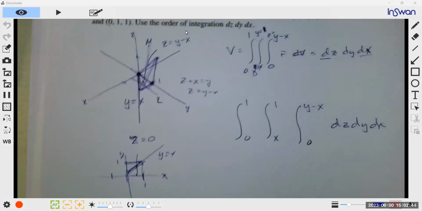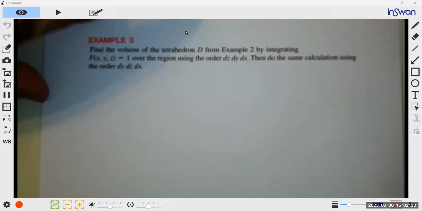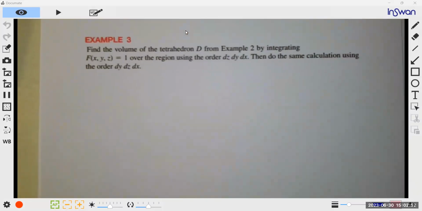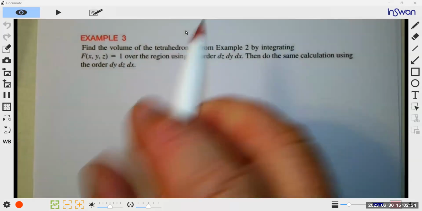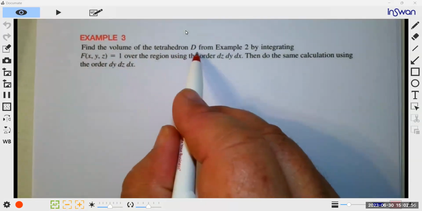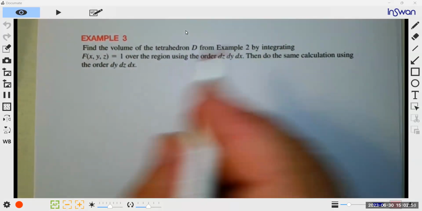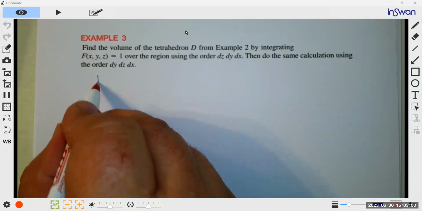Let's look at another example. Find the volume of the tetrahedron from example 2. So we're using the same graph.